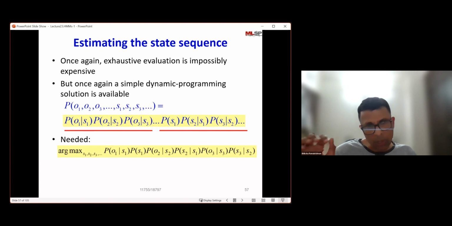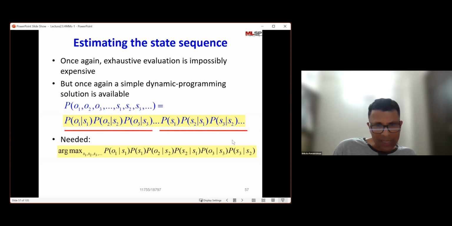In performing this dynamic programming, we observe something interesting. First, the joint probability of the observation sequence and the state sequence is the probability of the state sequence, which is shown by this red underlined portion of the equation, times the probability of the observation sequence given the state sequence, which is shown by this portion of the equation.